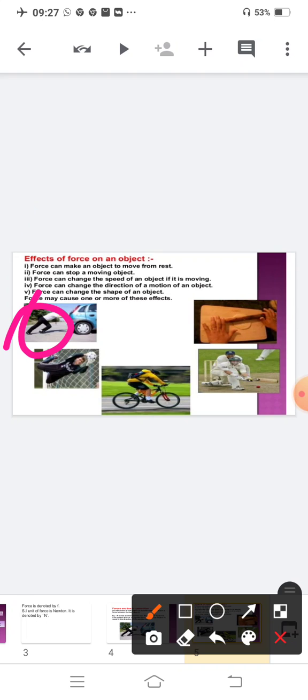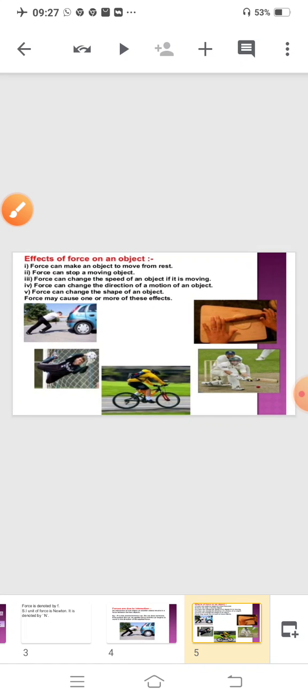Now this car starts moving. So now this car comes from rest to motion. With this we can say that with the help of force you can make an object move from rest.